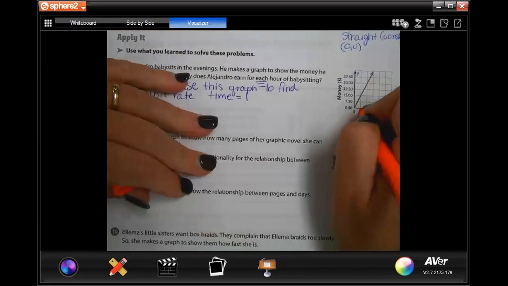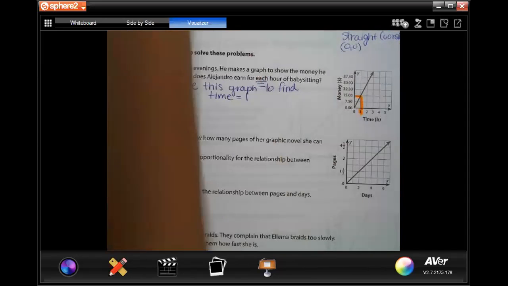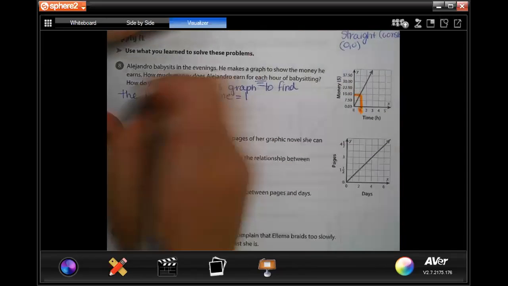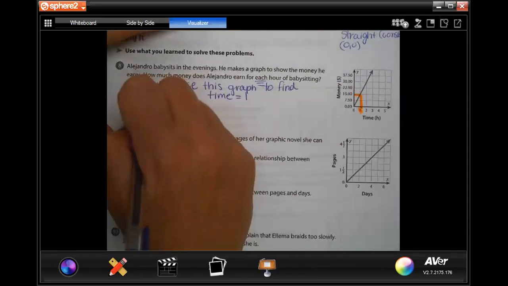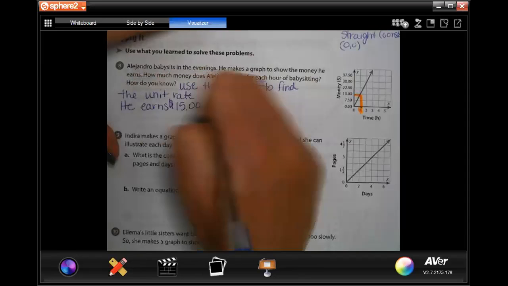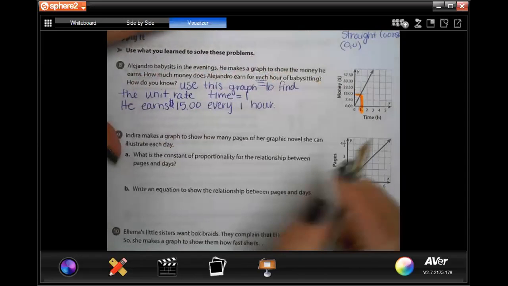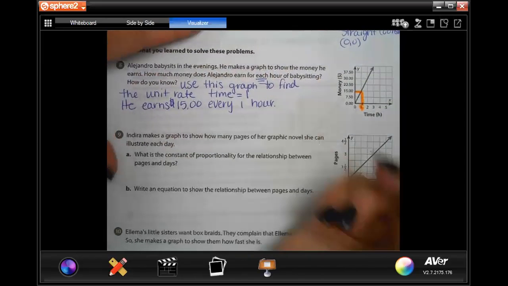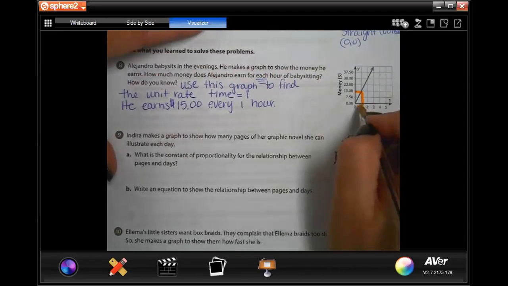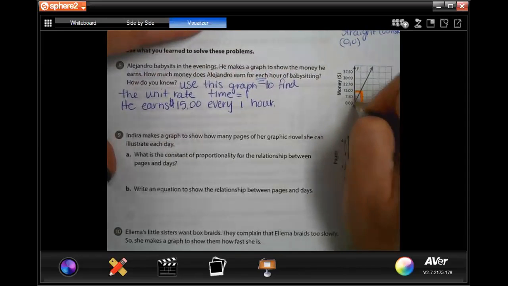Here is 1 right here. So if I go up on 1, I can go over to the money, and there is my unit rate. So I know that he earns $15 every 1 hour. And how do I know that? Because if you look at this graph, every 1 hour, it goes up $15.